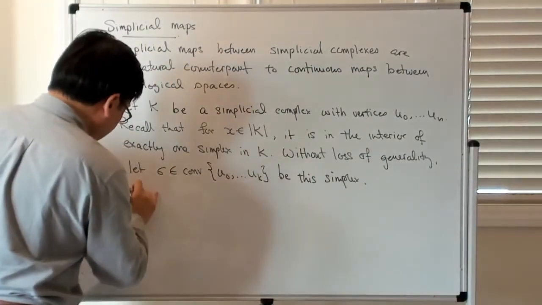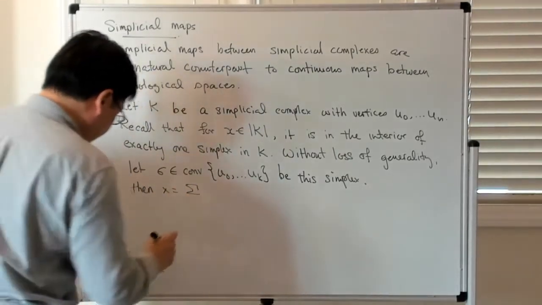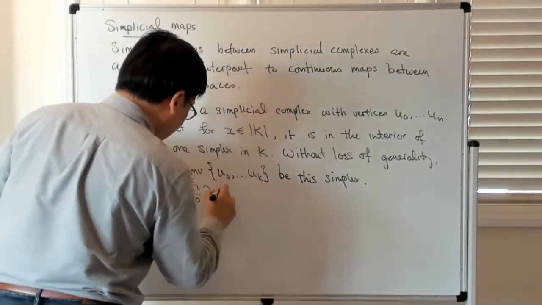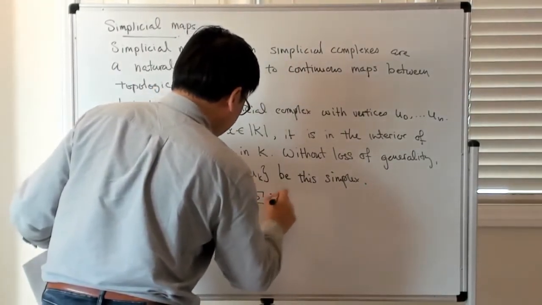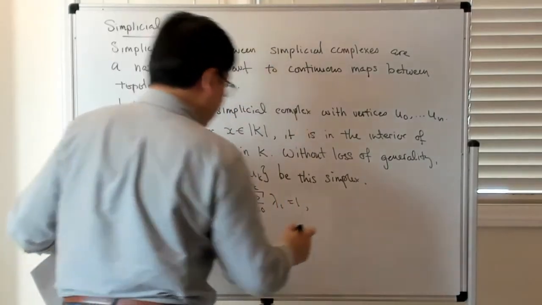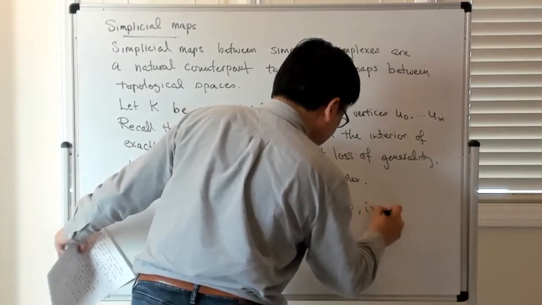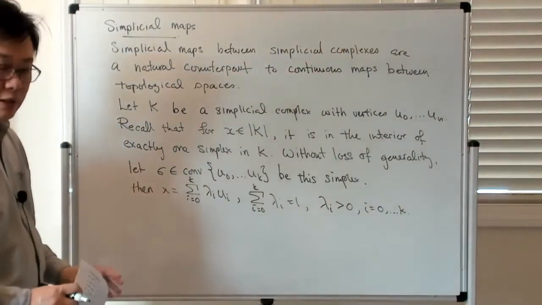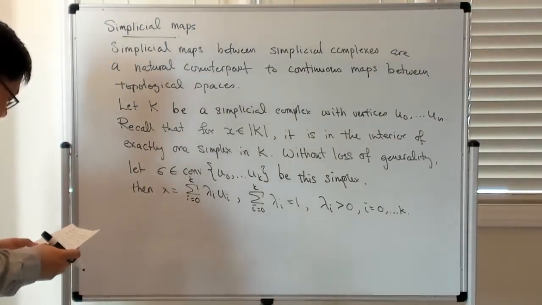Then I can write X as the sum from i equals 0 to K of lambda i ui, with the property that the sum of the lambda i's from i equals 0 to K is 1, and the lambda i's are greater than 0 for i equals 0 all the way up to K. So this is in some sense what is meant by being in the interior of a particular simplex.